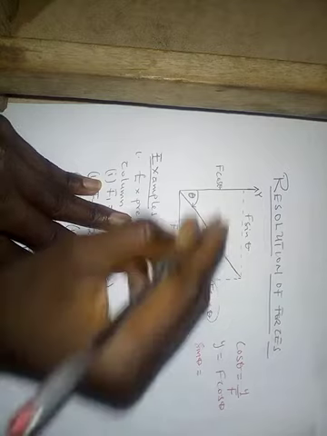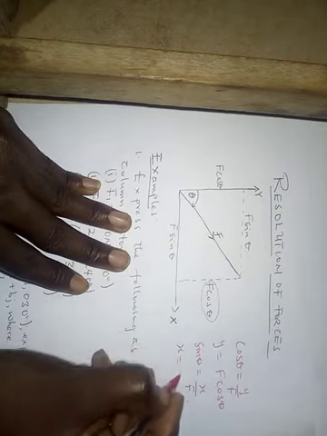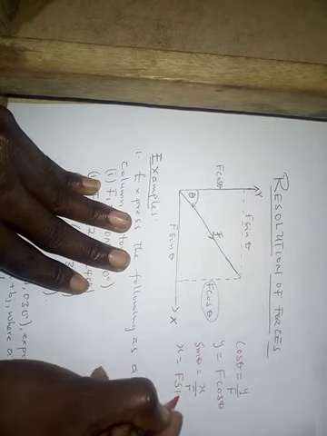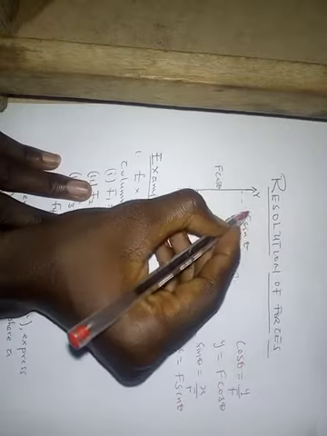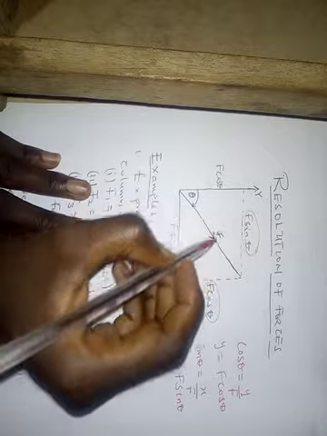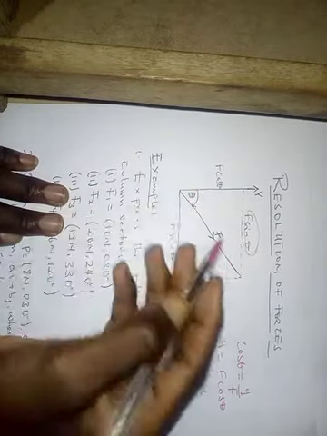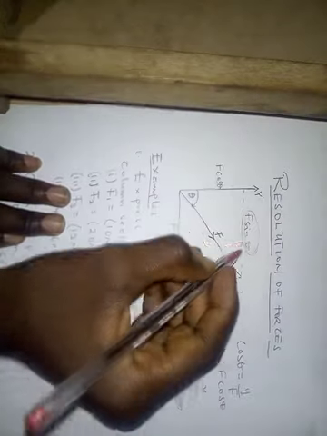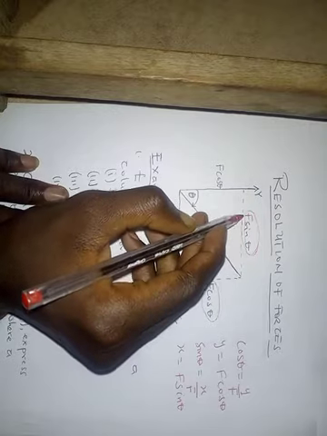Alright, so we have x over f. So our x-axis will be f sine theta. Alright, and then this is what we have here. So it means that on the x-axis, if we are having a directional vector here and we want to change it into the column form, we multiply the force by the sine of the angle.